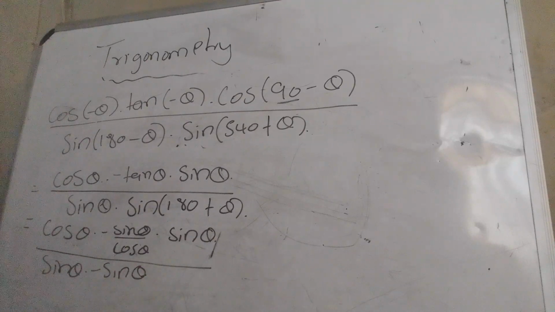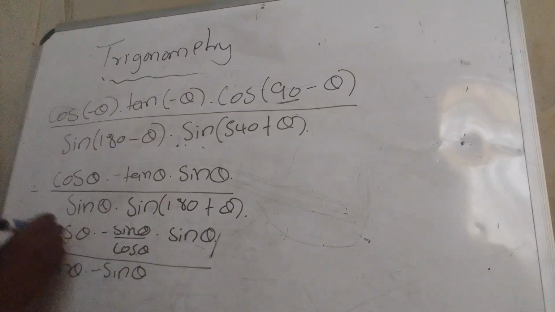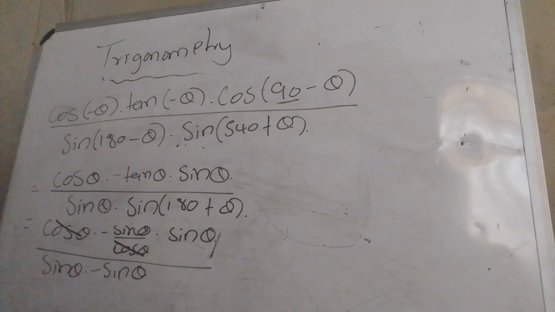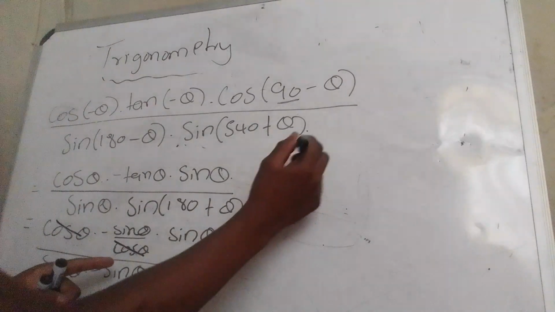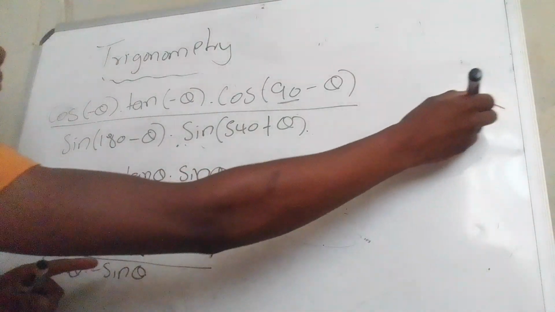Then, going back up to the numerator, we have cos here and cos here. This cos will cancel this cos, right?